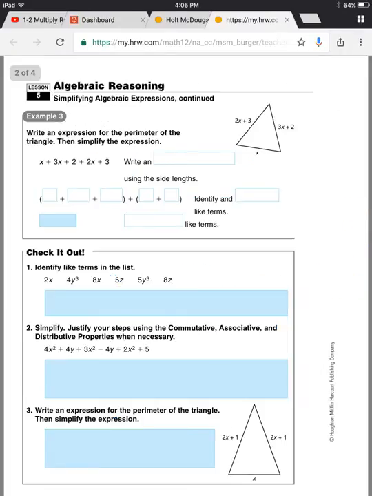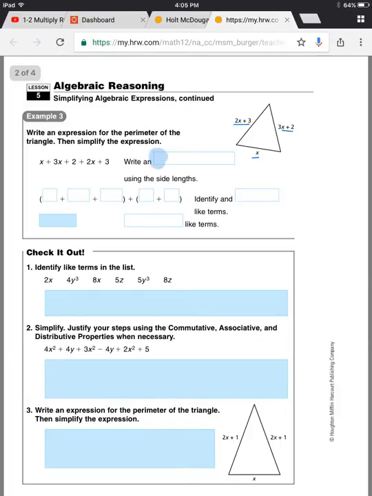Alright, example 3. Write an expression for the perimeter of the triangle, then simplify the expression. Well, they already give you the expression here. Okay, they took these three and just put a plus sign between them. Alright, so we're going to write an expression, which they already did for us, using the side lengths.